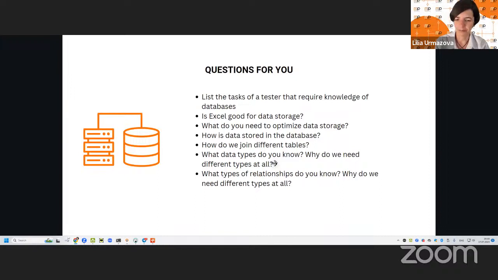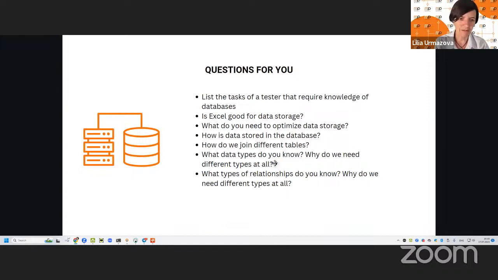Customer and product: of course, an order has some unique number, and it is one-to-many. Customer and product: one customer can buy several products, and one product can be bought by several customers. Yes, okay.